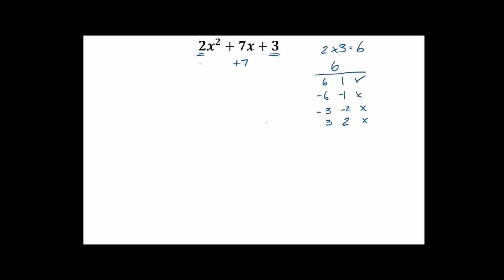So I'm going to rewrite this so that it's in this form. So the 2x squared stays as it is, and now I'm going to add 6x plus, and I'm going to put the 1 there, plus 1x plus 3. So just convince yourself, just go through it.